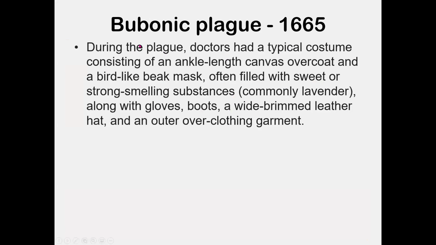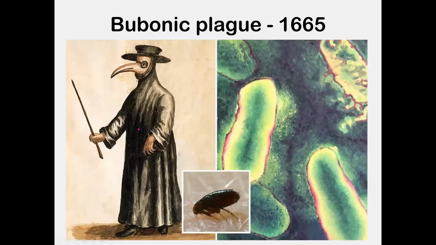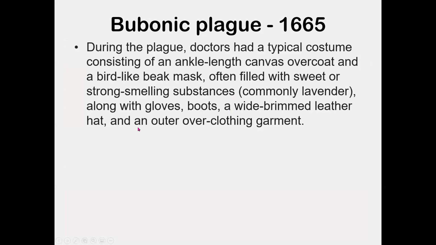So in 1665, during the plague, the doctors had this costume. It was ankle length, made of canvas, and they had a beak like a bird, and they had this material which they soaked in some strong smelling sweet stuff like lavender maybe.